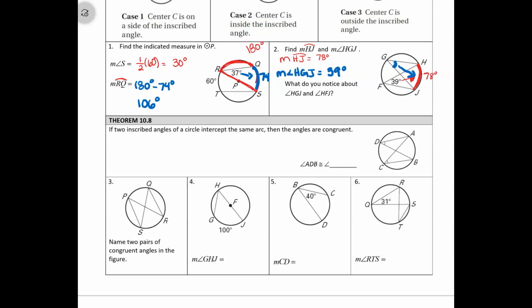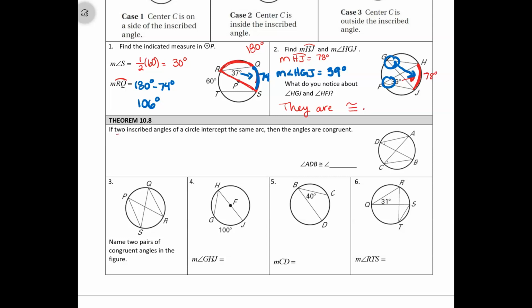Now the question states, what do you notice about those two angles? What do you notice about this angle and this angle? Well, I hope that you notice that they are congruent. That leads us to our next theorem, theorem 10.8.